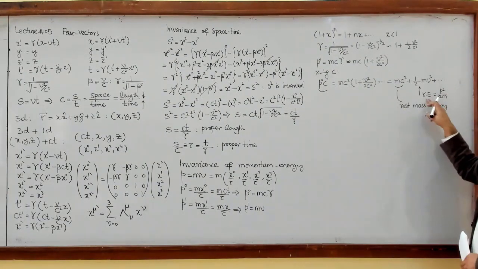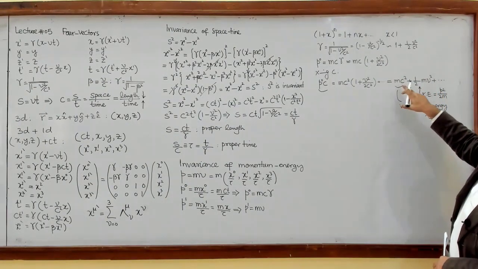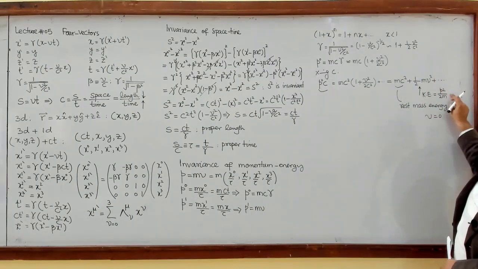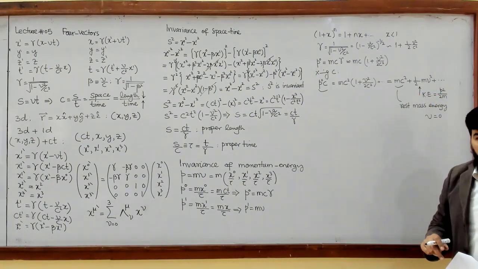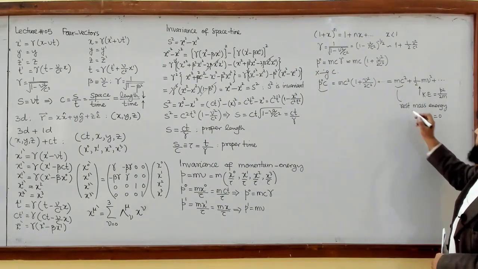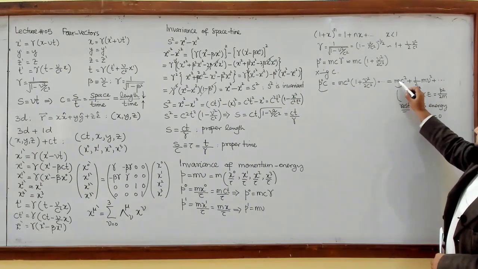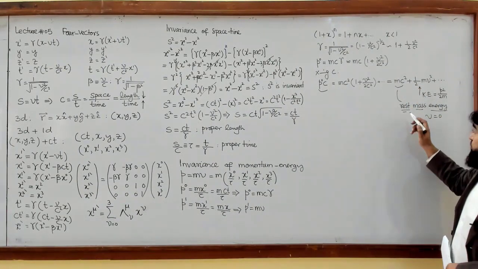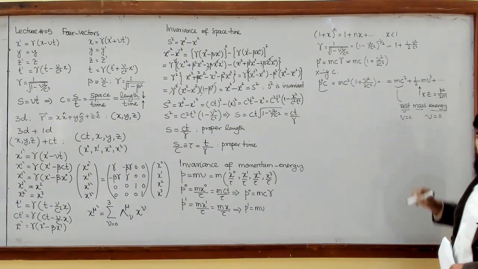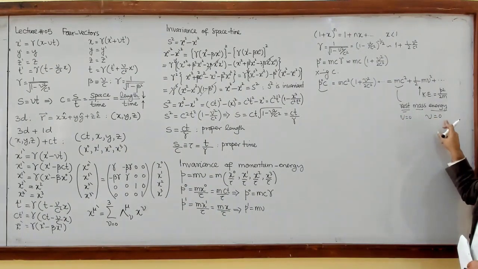Momentum is 0, kinetic energy is 0. But here, even when the velocity is 0 and the momentum is 0, we are still having some energy with the particle. That's why we call it the rest mass energy. Rest means v is equal to 0.